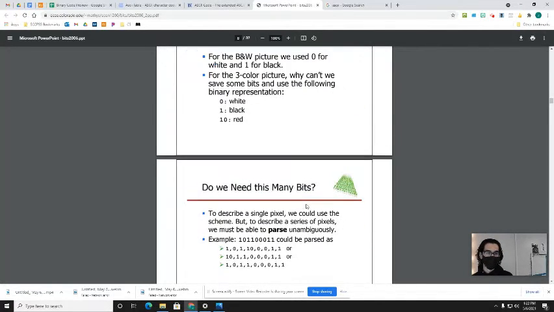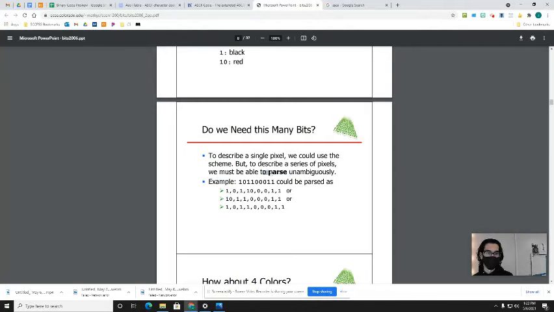This is a problem when we have to figure out how to read this, because it could either be 1011 or 10110 or 10110, and we need to be able to figure that out.